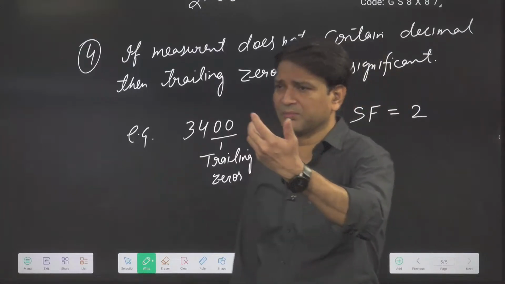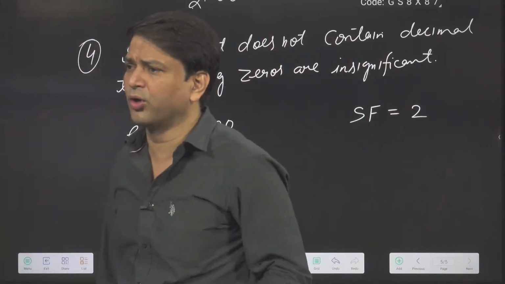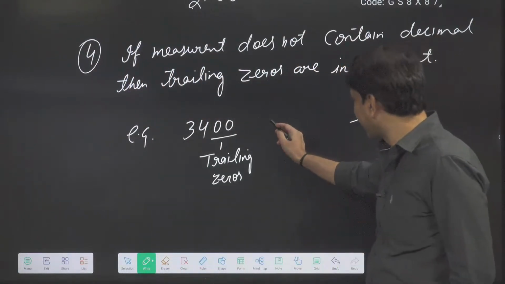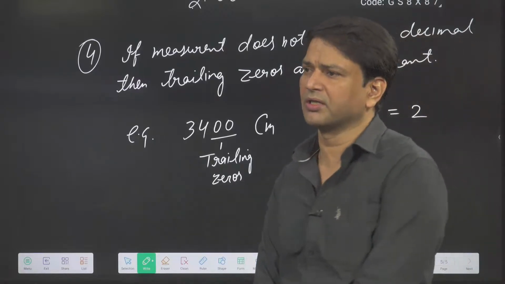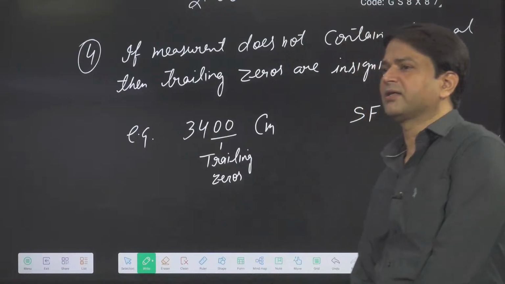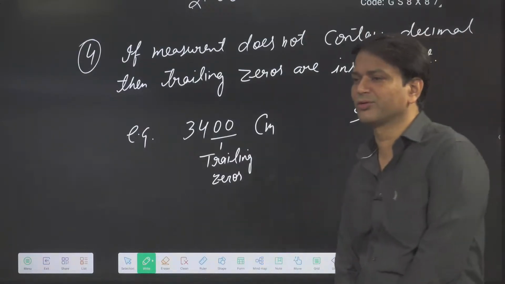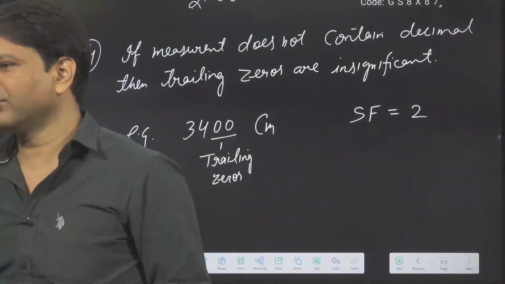But in different books, or maybe a different institute, or maybe some lecture you have seen, maybe some teacher said, suppose I am writing like this, 3400 centimeter, how many significant figures are here? If I am writing 3400 centimeter, how many significant figures are there? I want your answer, what you have learned, what your teacher said.